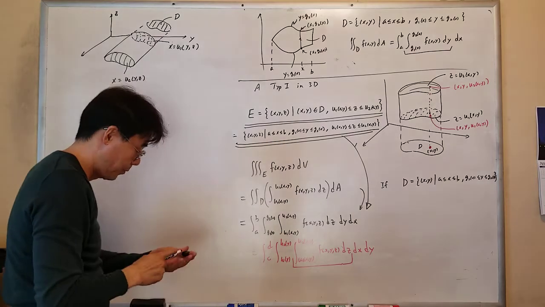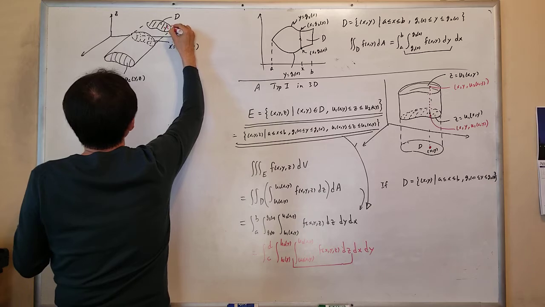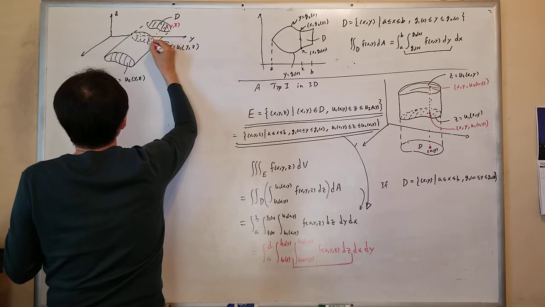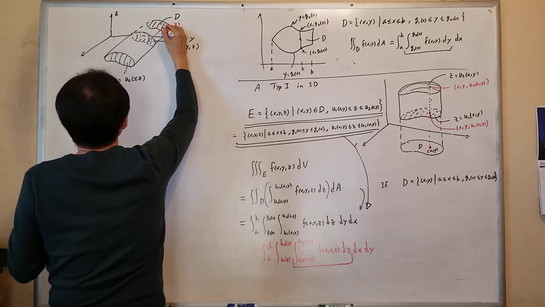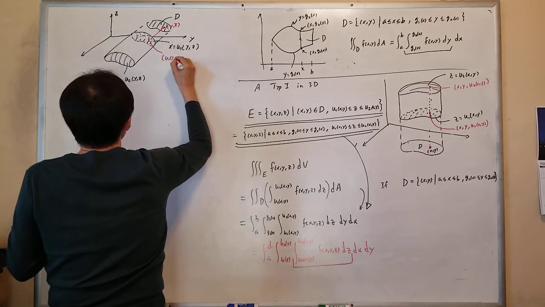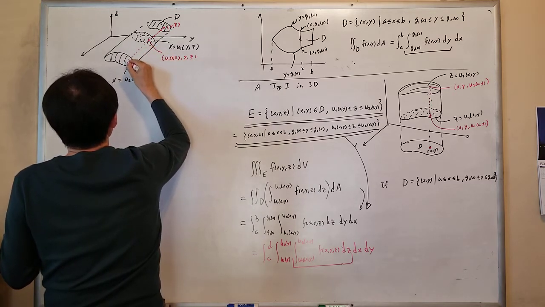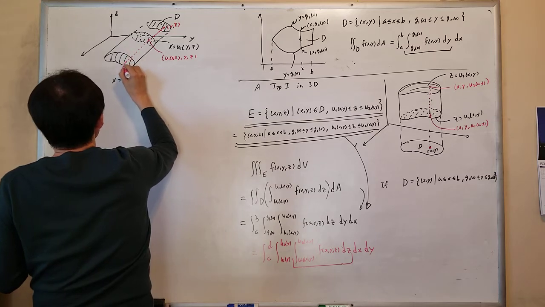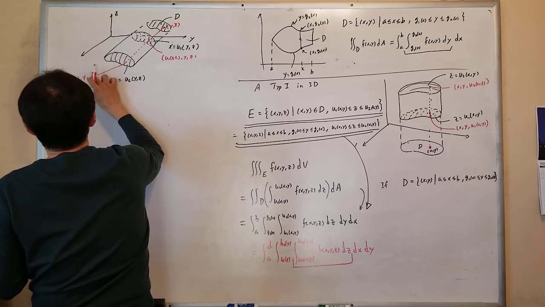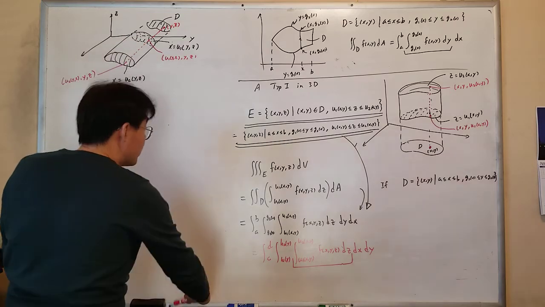So for a given yz point, you enter through this point, x equals u1 of yz, and then you are inside, and you exit at the point x equals u2 of yz. Okay?